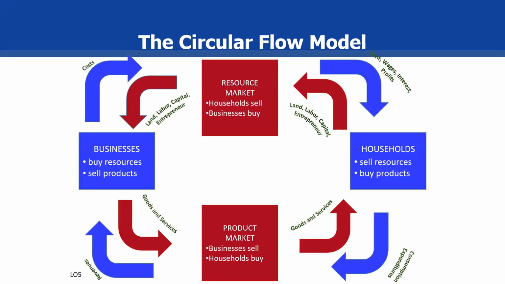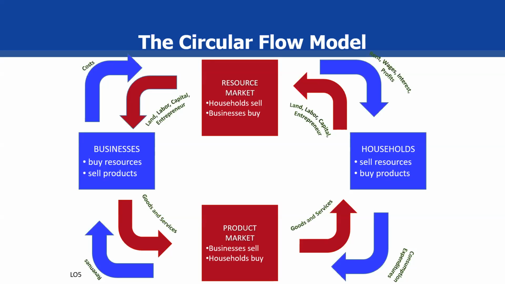But we know that nothing is free. So now let's talk about how households and businesses can make money, right? Now I want you guys to pay attention to businesses and to the blue arrows. When businesses purchase the resources and factors of production, when they hire a worker, when they buy land, they buy capital, they have to pay, right?